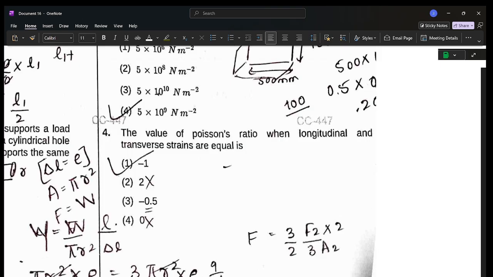And why is there a negative sign is a question you might have. It's important to note that there is a negative sign. The reason is, when stretched, the longitudinal strain is positive and the lateral strain is negative, because the diameter decreases, so the ratio becomes negative naturally. To keep Poisson's ratio positive for ordinary materials, we put a minus sign.